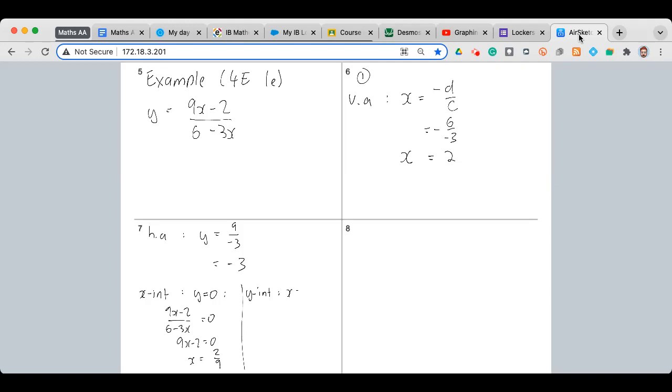So we've got y equals (9 multiplied by 0 minus 2) over (6 minus 3 multiplied by 0). So that's going to be minus 2 over 6, or negative a third. So that's a bit yucky, but still, it's legit.